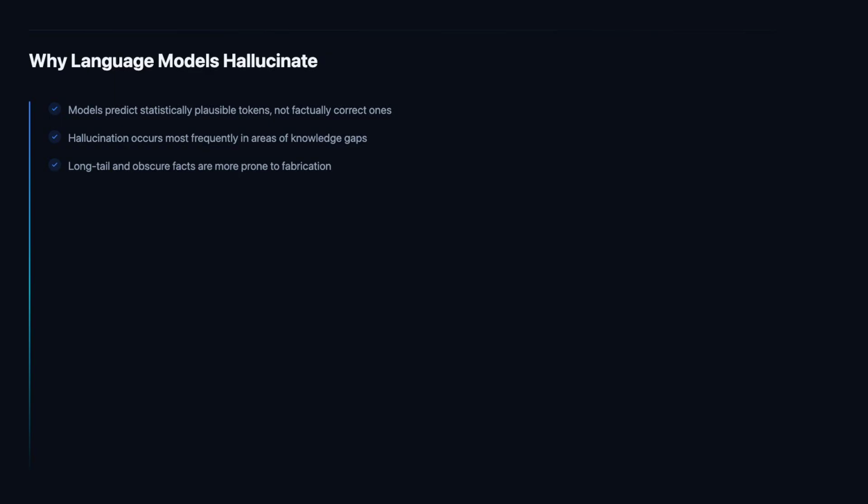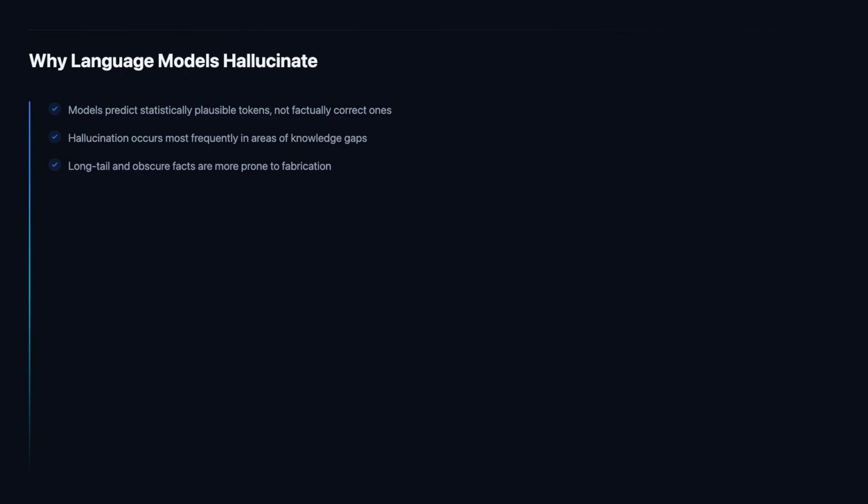But ask it for the exact publication date of an obscure academic paper, the specific clause number in a regulation, or the precise founding date of a small company, and the model is likely to generate a plausible-sounding but incorrect answer. This pattern, reliable on high-frequency facts, unreliable on low-frequency specifics, is one of the most important characteristics of hallucination for practitioners to understand.